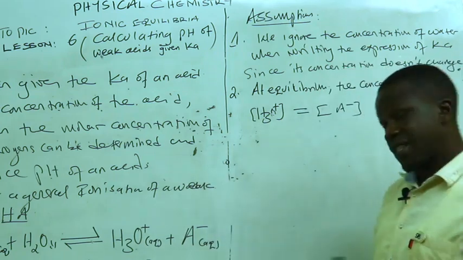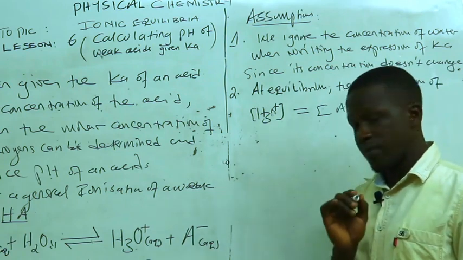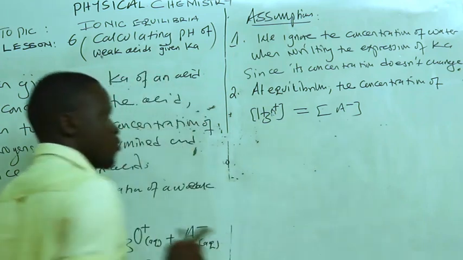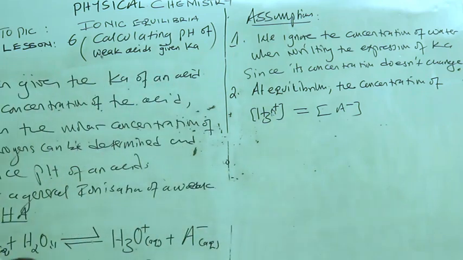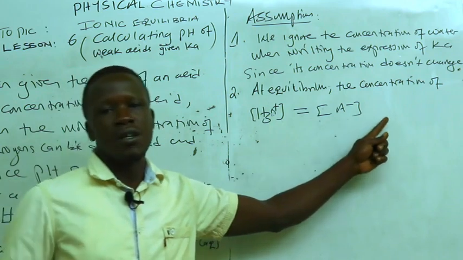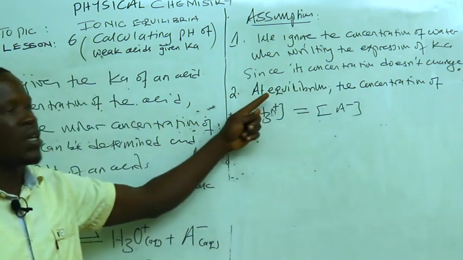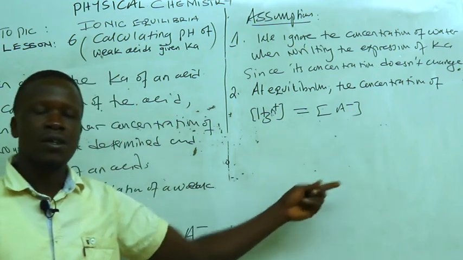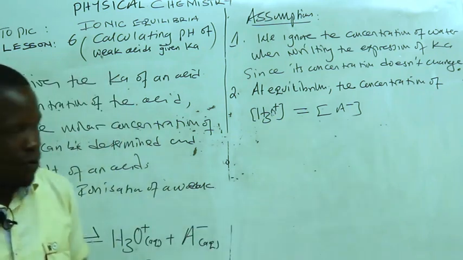That is true at equilibrium. Now, if that is true at equilibrium, and this is called an equilibrium constant, then we can rewrite this expression where the concentration of A minus that we do not need in determining the pH can be replaced by the concentration of hydrogen ions, since they are equal.